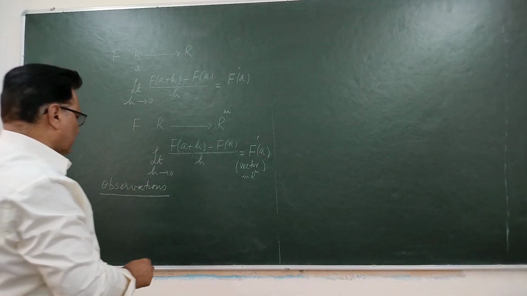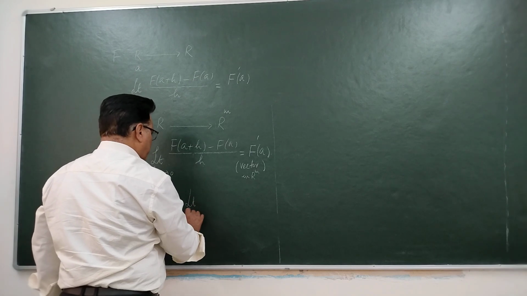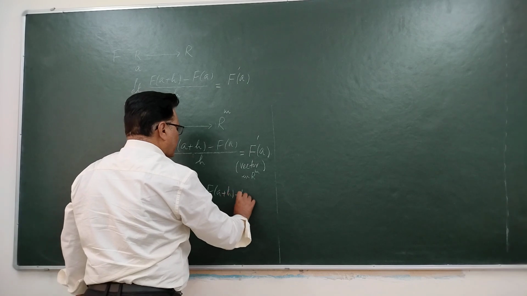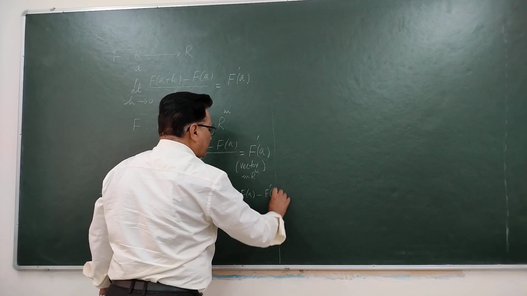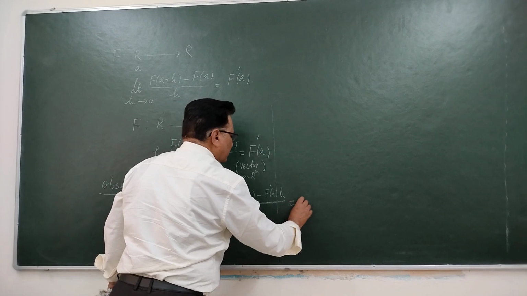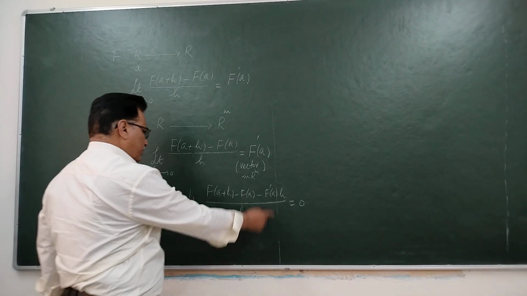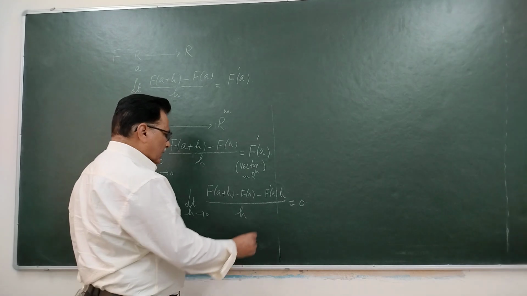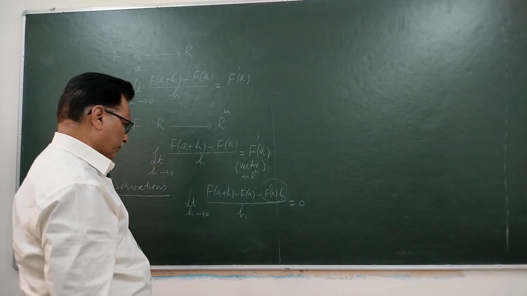Let me rewrite the above expression as the limit as h tends to 0 of (f(a+h) - f(a) - f'(a)h)/h, and this is equal to 0. When the function is differentiable, this limit of the quotient is 0. Now what you observe over here is that f'(a)h is a linear function of h.